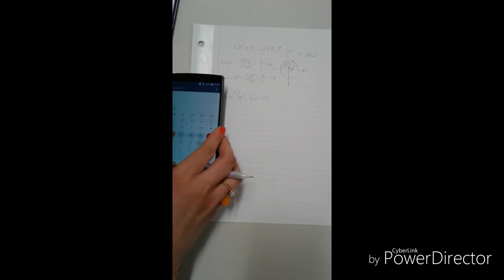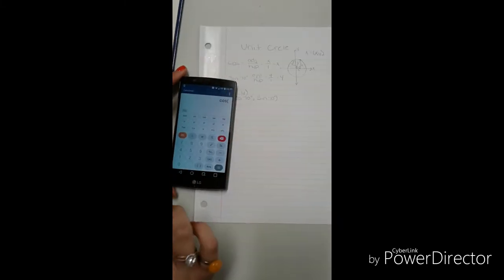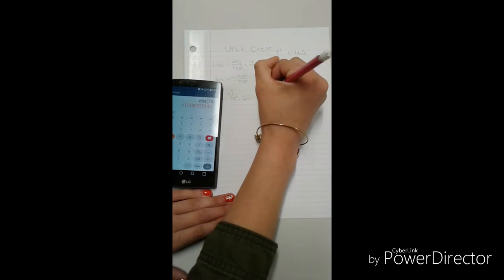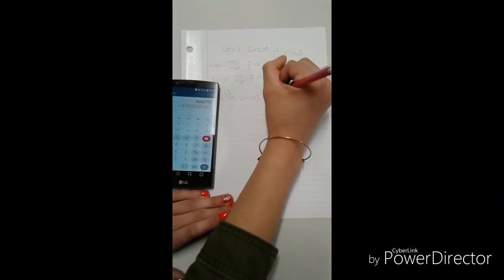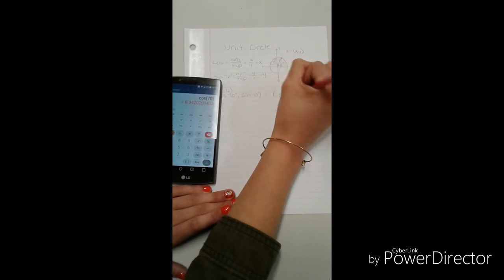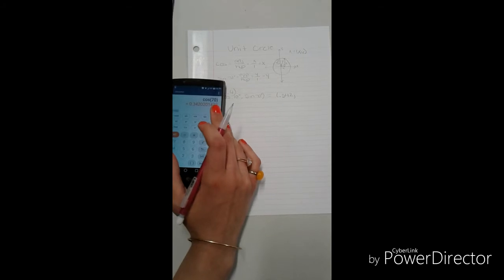Now we plug that into the calculator. If we plug in cosine of 70 degrees, we get approximately 0.342. And you always want to make sure that your calculator is in degree mode.